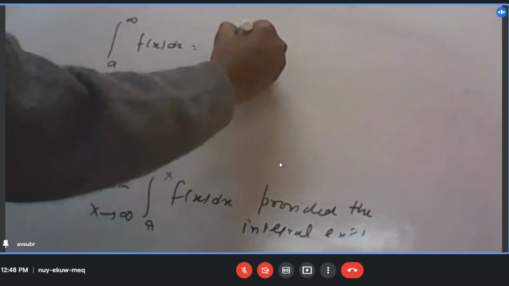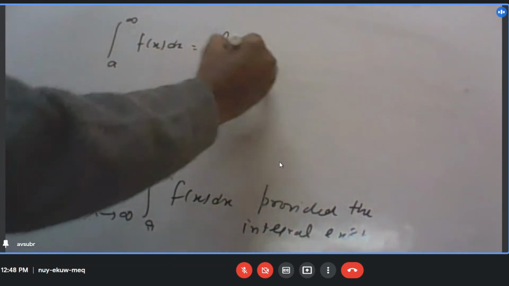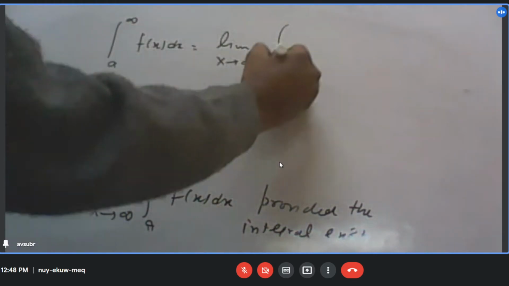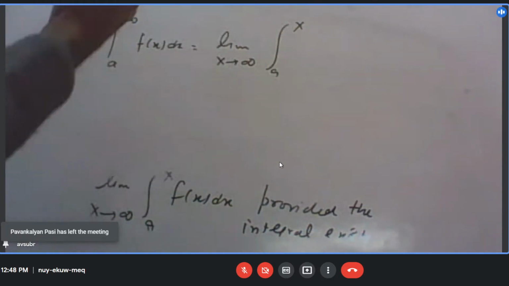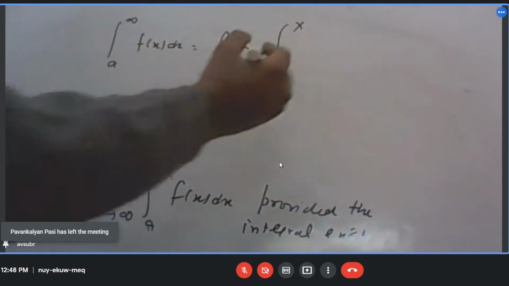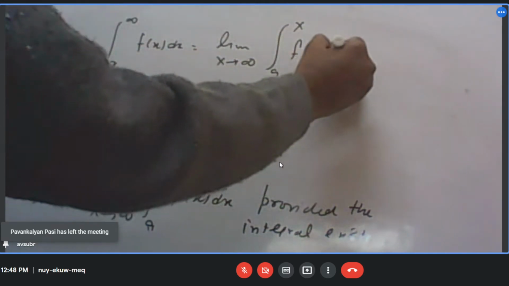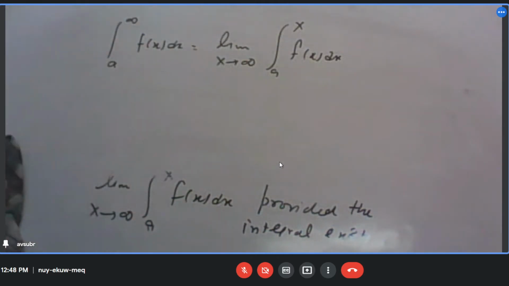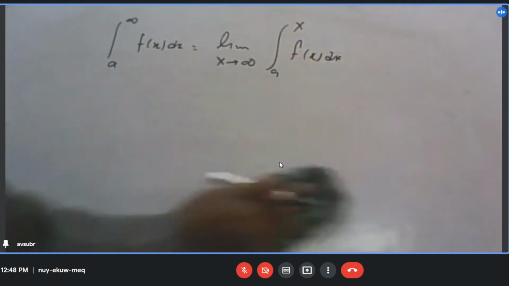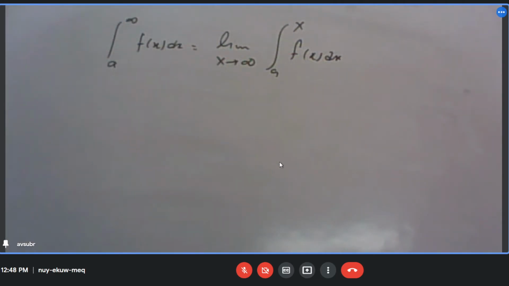This can be written as the limit, as some number x tends to infinity, of the integral from a to x of f. This is how I can define it. Now let us see an example of this that will make things clear.